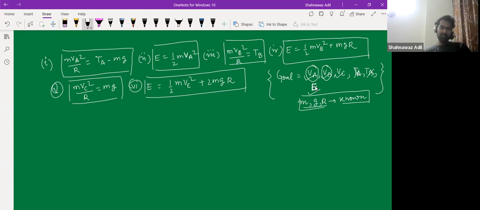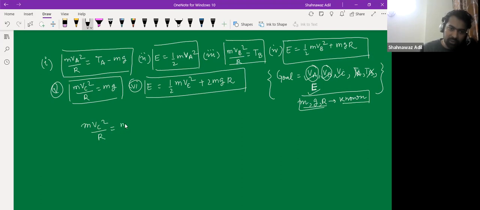So from these known quantities, what is the unknown quantity that you can calculate directly? Fifth one. Fifth one, absolutely right. Good. Did you understand, Siddhika? Yes, sir. So we can directly calculate VC from here, right? Good.